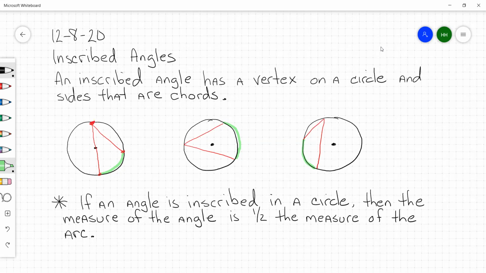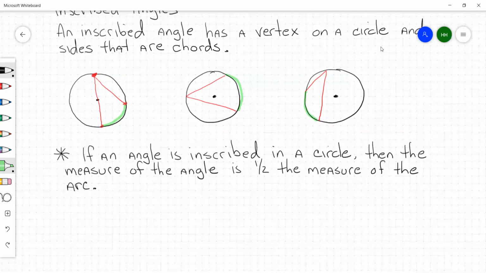If an angle is inscribed in a circle, then the measure of the angle is 1/2 the measure of the arc.